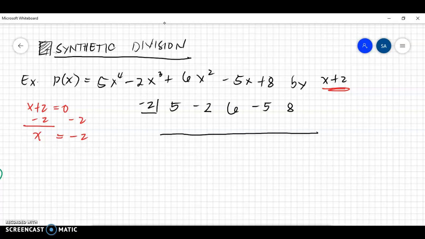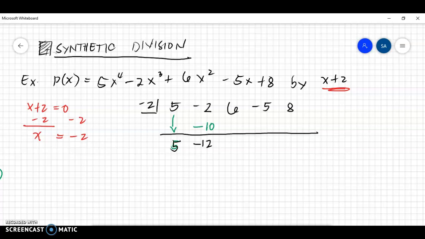Next step, you have to bring down 5 and multiply it by negative 2. So that is negative 10. So negative 10 plus negative 2 is equal to negative 12.